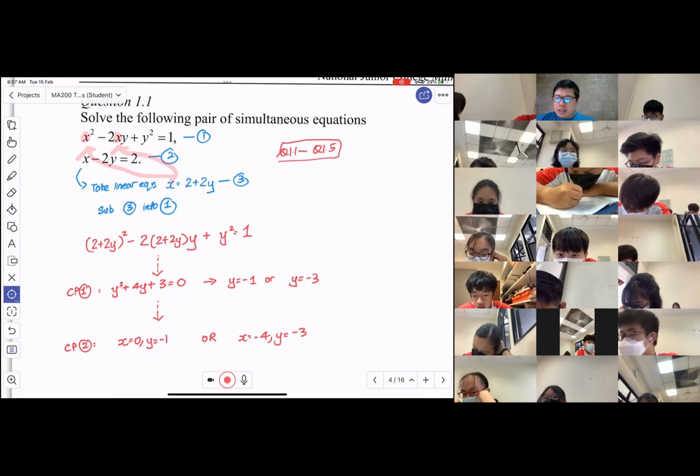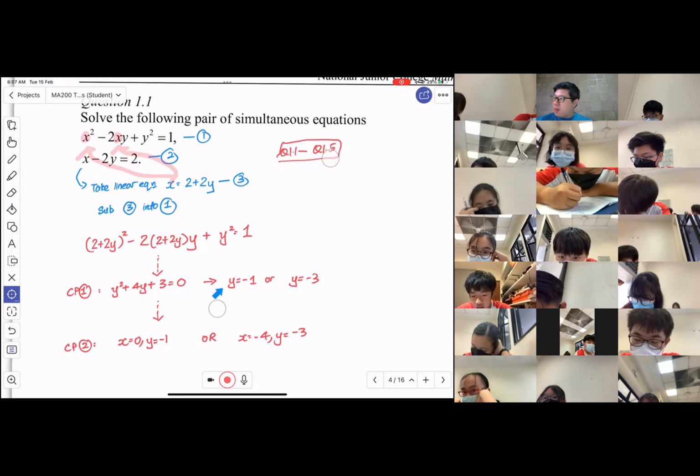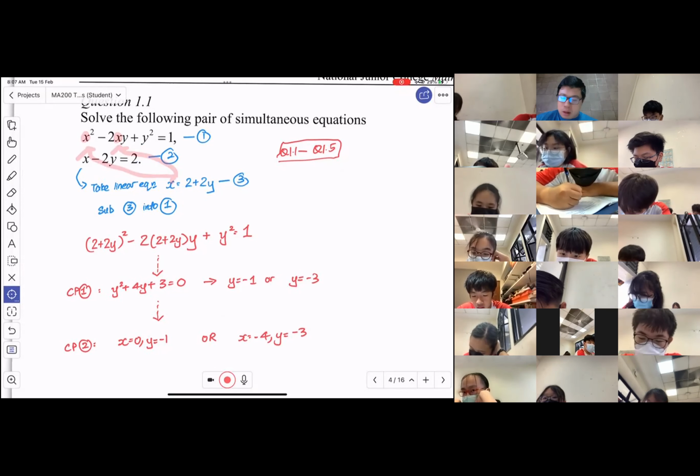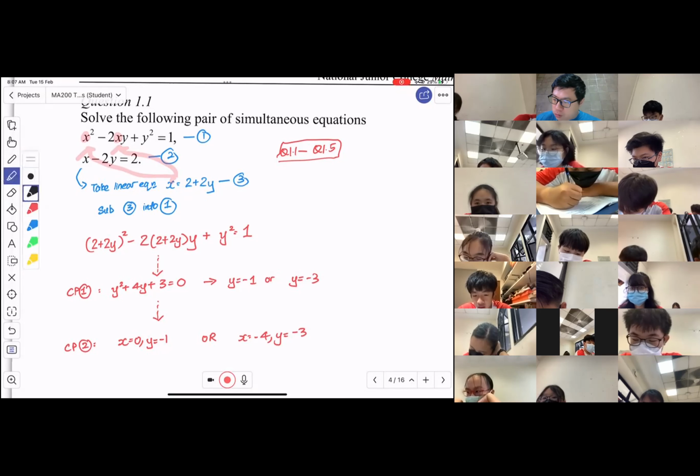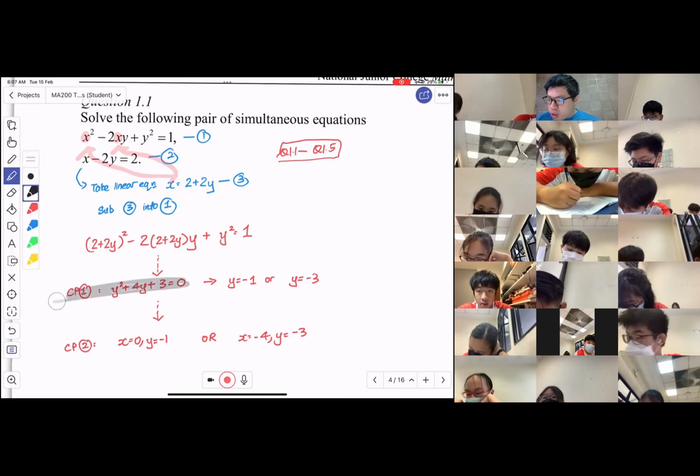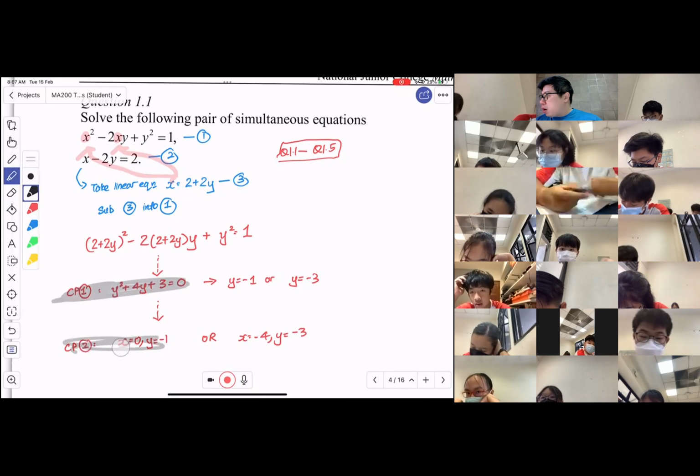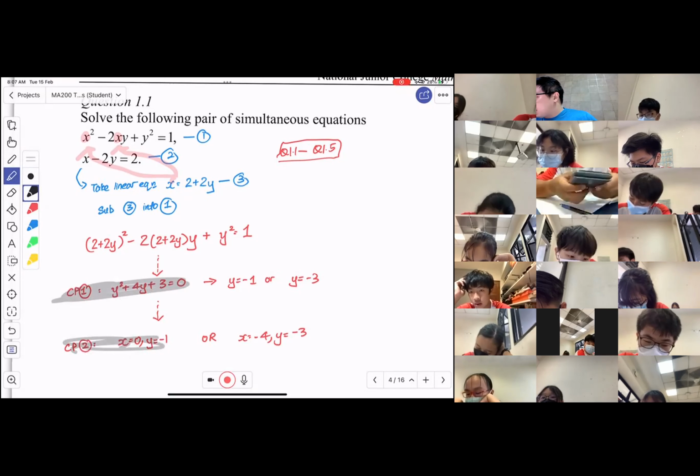Make sure you are completing this. So let's say if you are stuck or you find that you need more time, make sure you have these two checkpoints. When you have these two, it should be better.